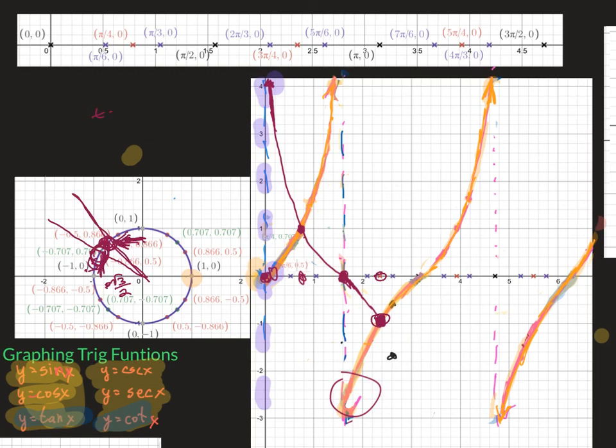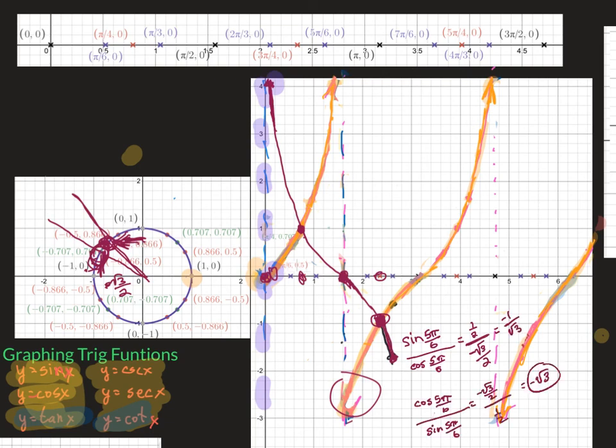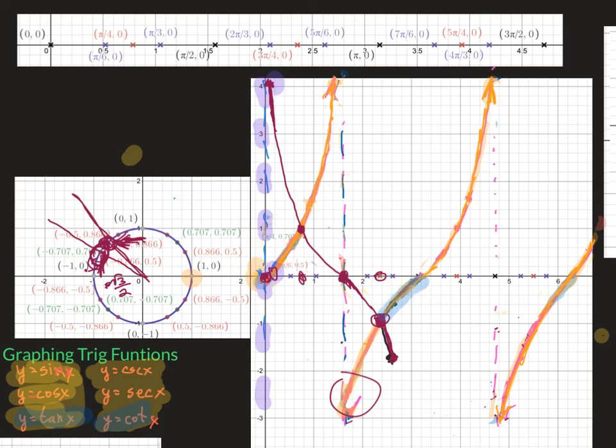Sine over cos at that angle is 1/2 over negative root 3 over 2, so cos over sine will be negative root 3 over 1, which is about negative 1.7-ish, right about there. All right, and as tangent gets closer and closer to 0, cotangent of those angles will be going down closer and closer to negative infinity, still in the negatives.